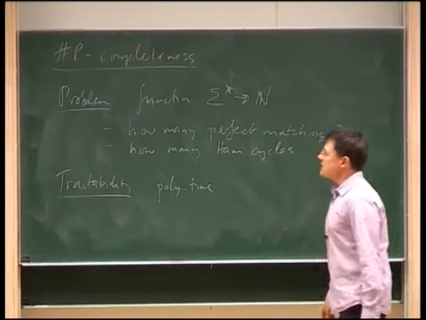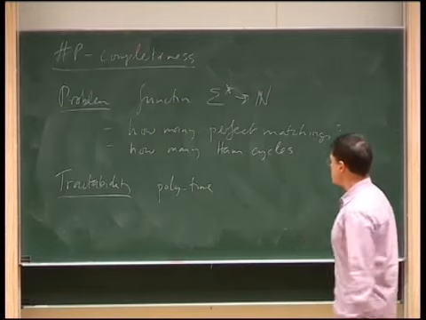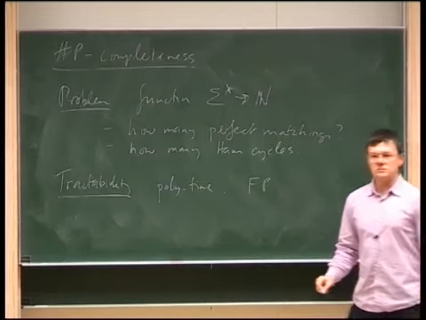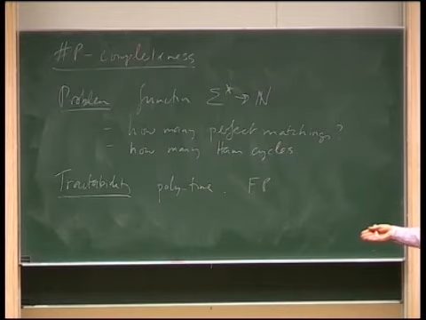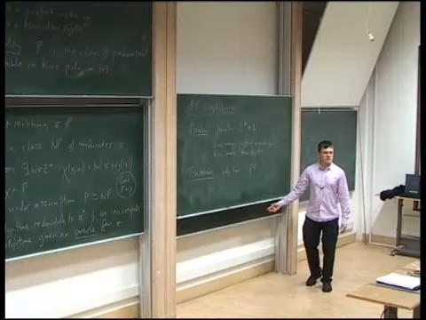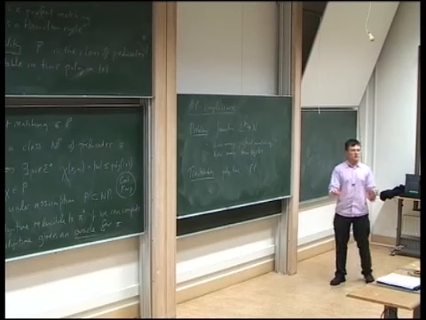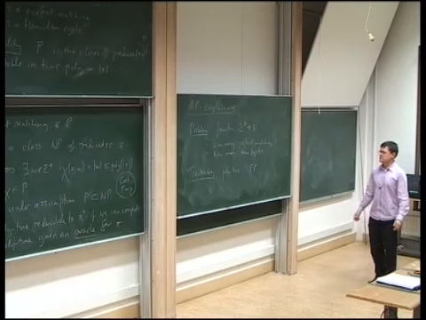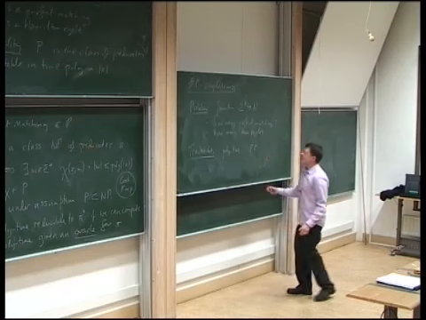But the class P is so much historically a class of decision problems that people tend to talk about FP. So this is just the class of functions computable in polynomial time. So in the Turing machine world, you're using the Turing machine as a transducer rather than just as a decision machine. And of course, from part one, we have examples.